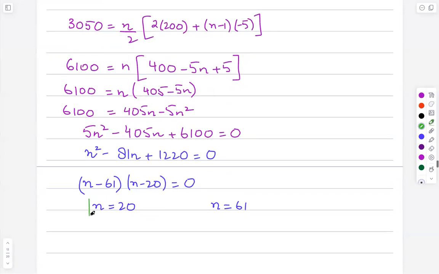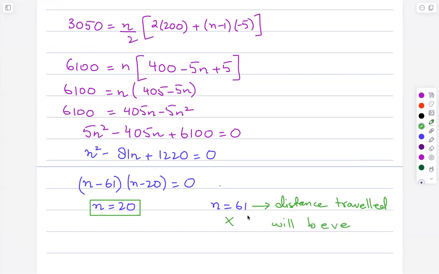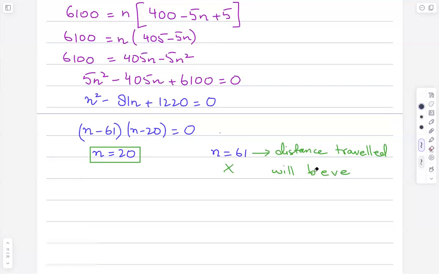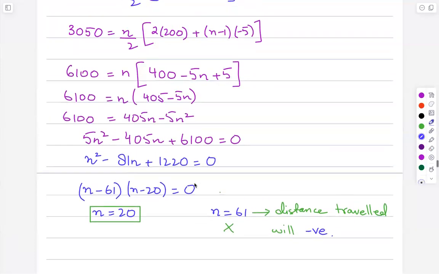So the value of n that we'll have to take is n equals to 20, as when n is 61, the distance traveled on that particular day will be negative. So we will not be taking n equals to 61.